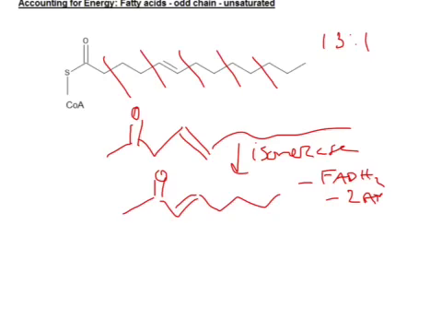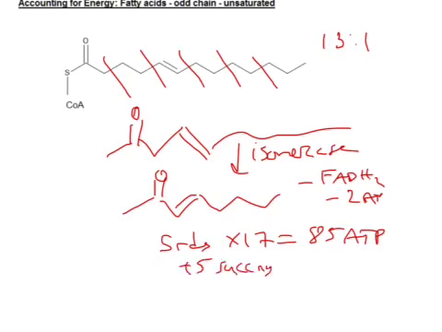So here we have 1, 2, 3, 4, 5 rounds times 17 ATP. That is 85 ATP. Plus 5 from succinyl-CoA, from the 3 carbon at the end, 90 ATP.